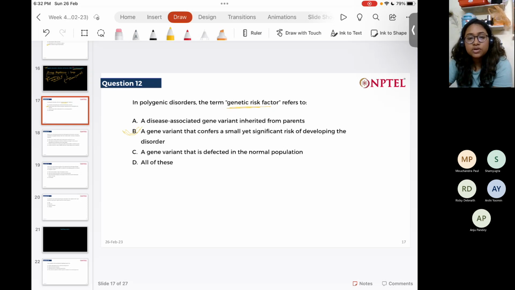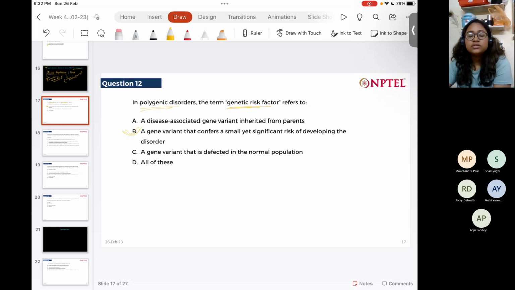Because a genetic risk factor can be one of the alleles that people have identified, one among various other alleles that together cause a polygenic disorder. So its presence confers a risk.